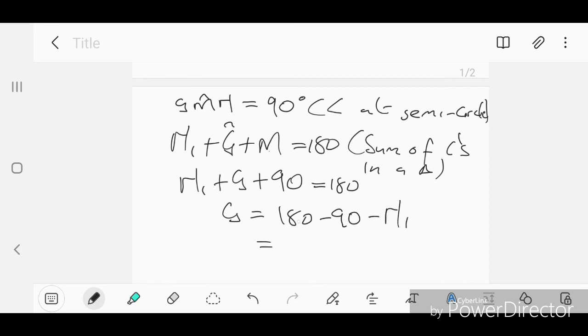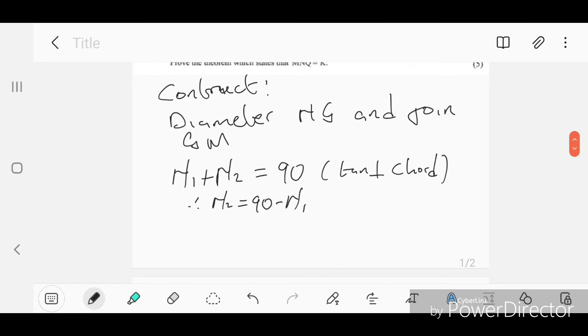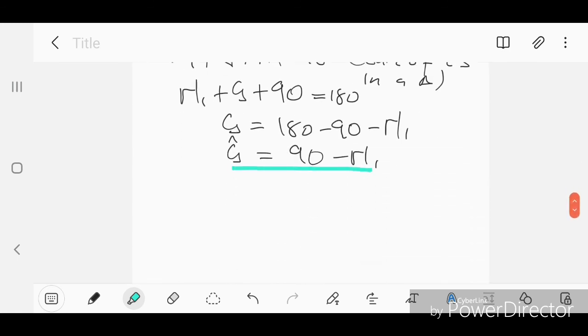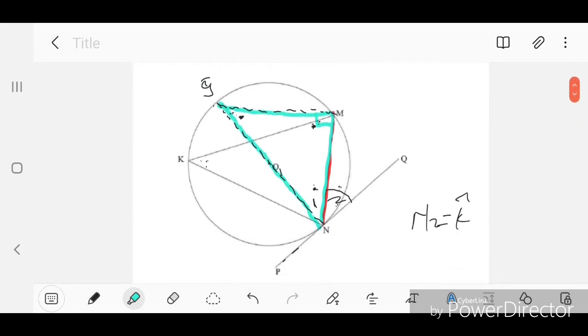That is 90 minus N1. That is our angle G. So already you can see that this is the same as this. N2, as we have shown, is 90 minus N1. Also G is 90 minus N1. So basically, I have proved that this equals this.